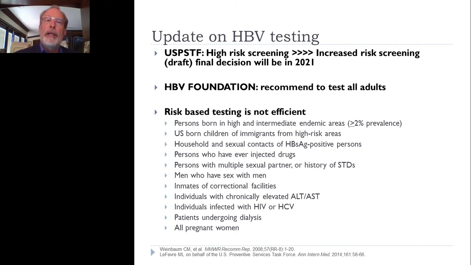So if you see core antibody, you know exposure, you know that patient has cccDNA in their liver. Even after acute disease, when people clear surface antigen, cccDNA remains, according to research in peer-reviewed publications. Anti-HBs indicates immunity if core antibody and surface antigen are negative.